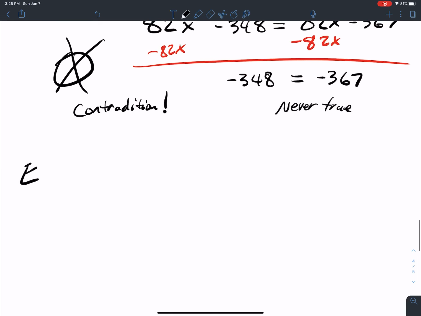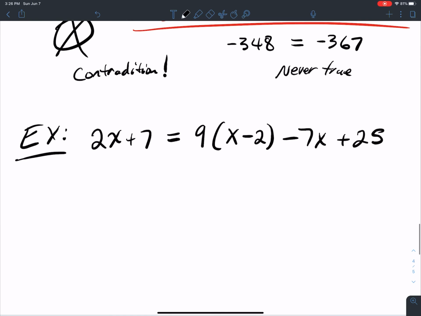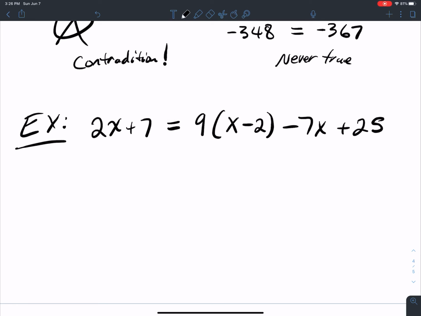Okay, let's try another example. So let's do 2x plus 7 equals 9 times parentheses x minus 2 close parentheses minus 7x plus 25. Okay. So it doesn't look like a whole lot to do over here, but we can simplify this.